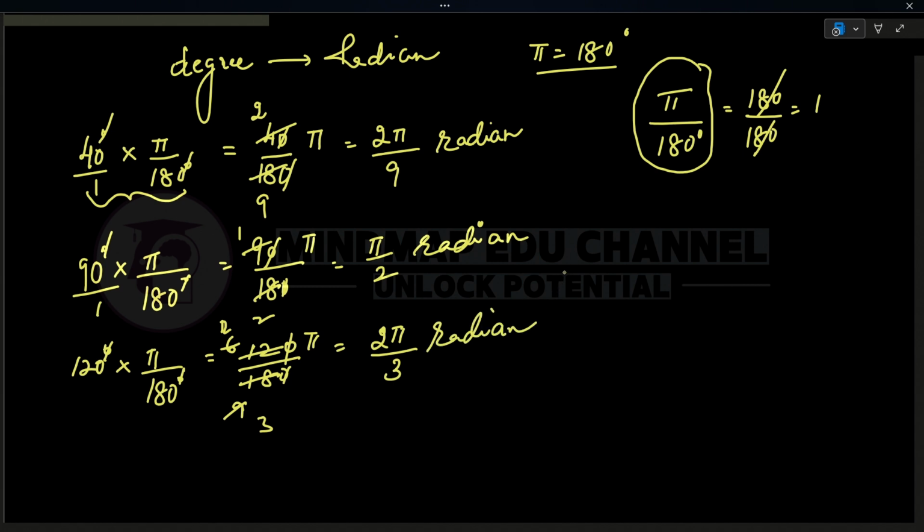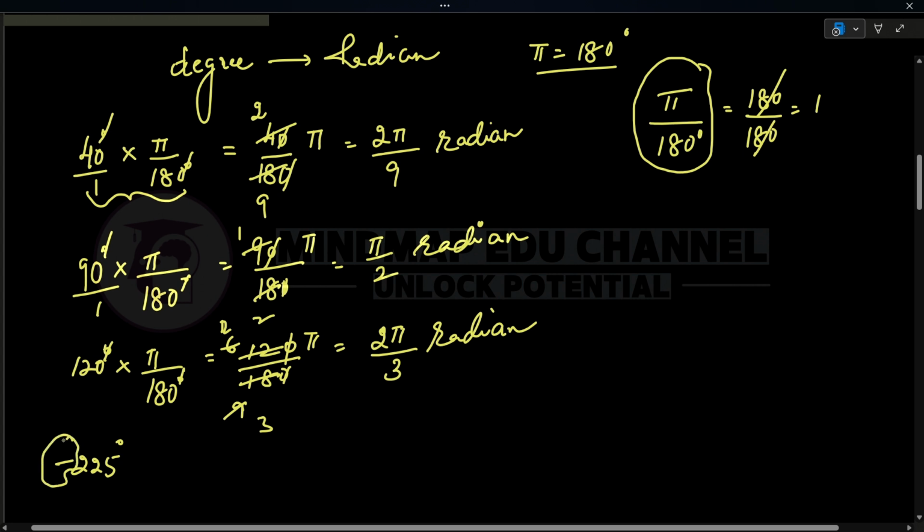Okay, this was when you have a positive angle. How will you convert it if you have a negative angle, minus 225 degrees? Remember, this minus sign is not going to affect your method of converting degrees into radians. You will follow the same method: multiply it by pi over 180 degrees.